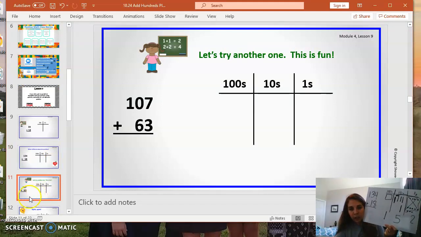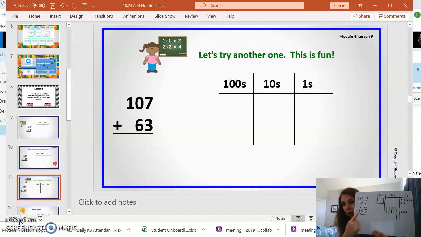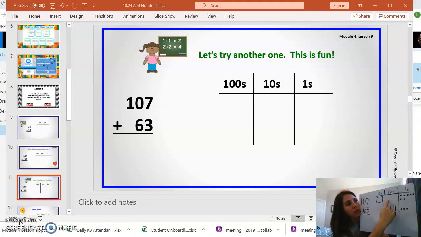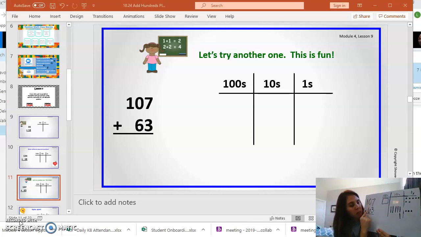All right, here's the next problem. Go ahead and set your board up. I'm going to set my problem up. 107 is 100, no tens, 7 ones, plus 63 is 6 tens, 3 ones. Now I'm ready to add. I start in my ones. I count how many ones do I have?